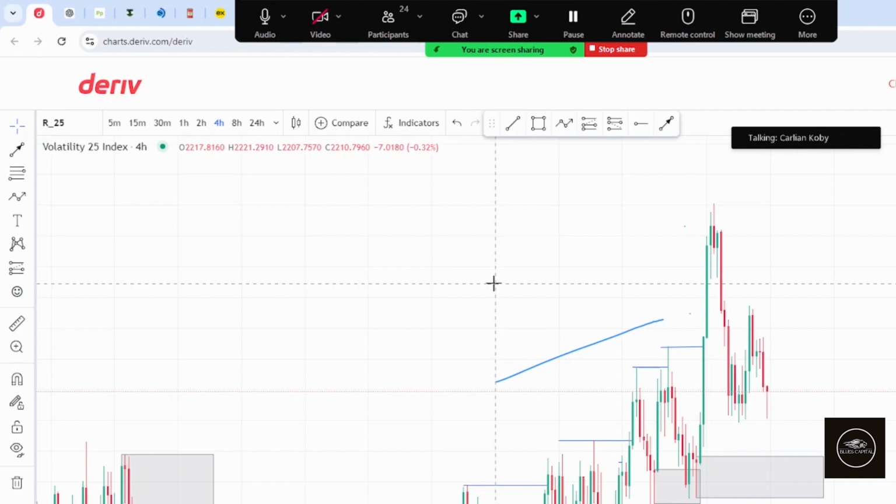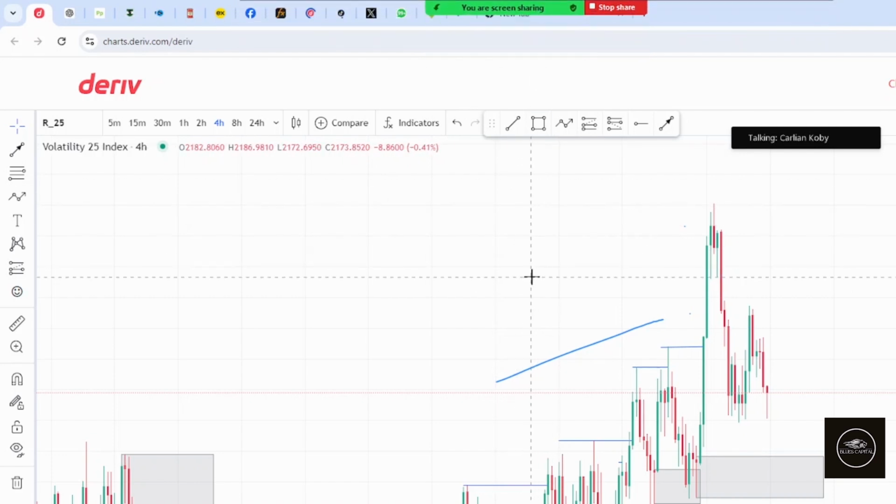So right now, like my colleague asked, are we to look for an entry on the lower time frame as well, or still wait for the price to get there? And how are we sure that when the price gets to the bottom there, it's not going to break the zone?